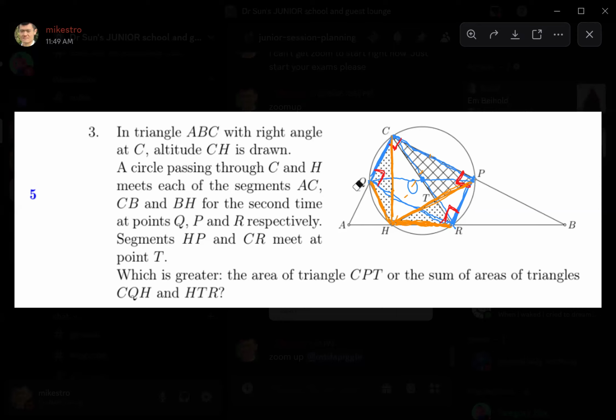So it's base times length over 2. So the sum of the two orange triangles is equal to half the area of the rectangle.